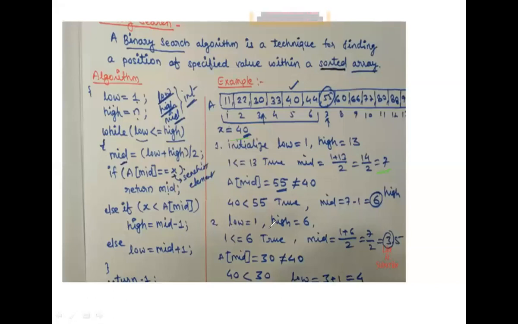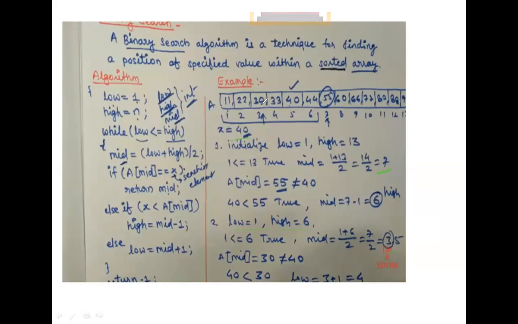So low is 1 and high is 6. Then (1 + 6) by 2 is 7 by 2, that is 3.5. We are taking integers, so the mid value is 3.